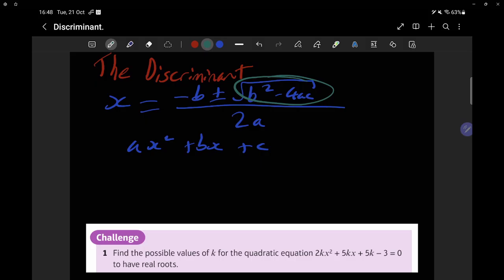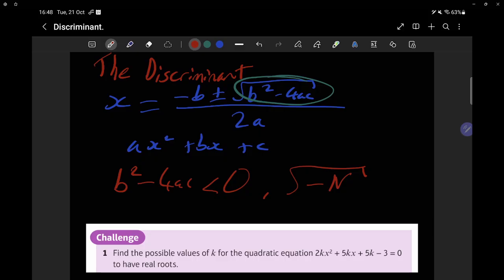So if we think about this quadratic formula, if the value of b squared minus 4ac is less than 0, then under the square root is going to be a negative number, right? Let's call that number n.